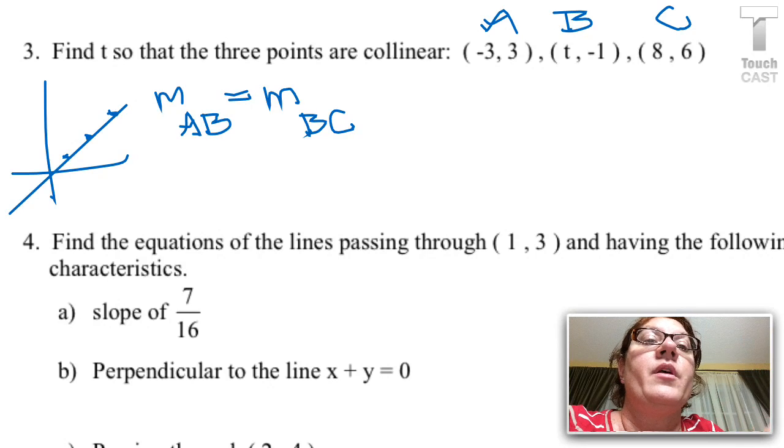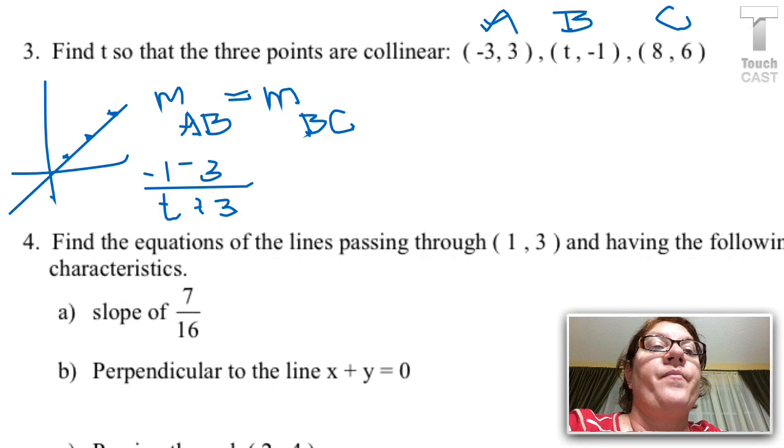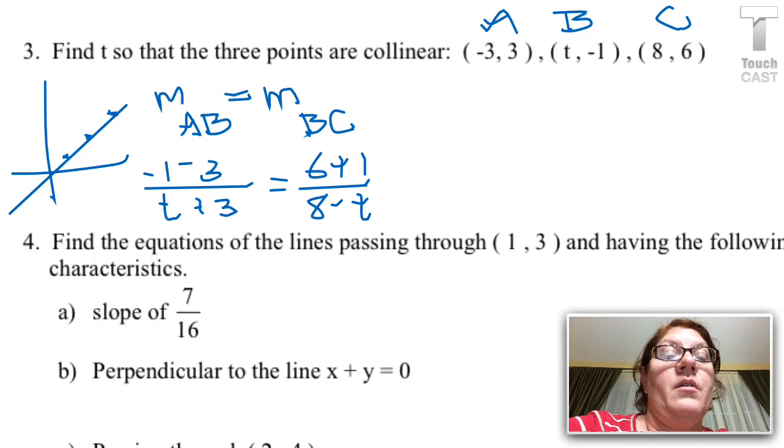And I also remember that slope is the difference in the y's over the difference in the x's. So that's from A to B. And from B to C, it'll look like this.